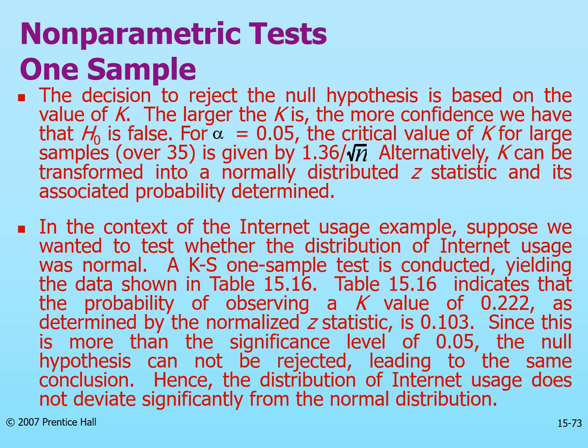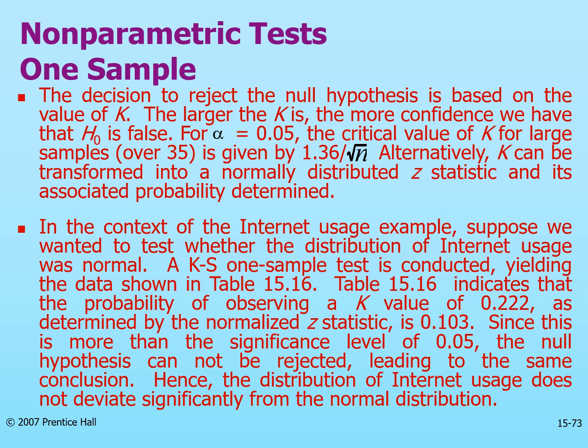We observe the K value is 0.212, as determined by the normalized Z statistic, and the significance value is 0.0103. Since this is more than the significance level, the null hypothesis cannot be rejected. So we come to the same conclusion. Hence the distribution does not deviate significantly from the normal distribution.